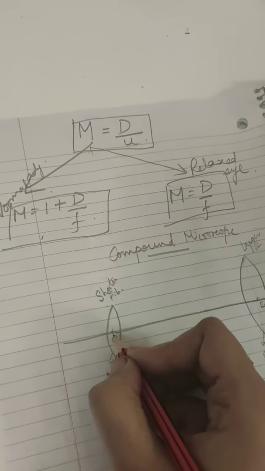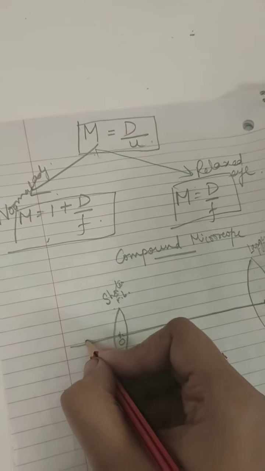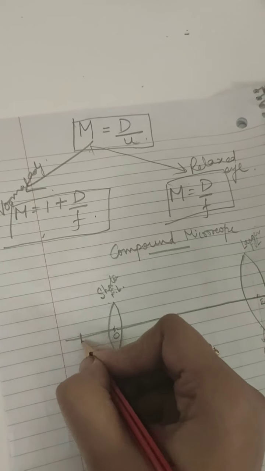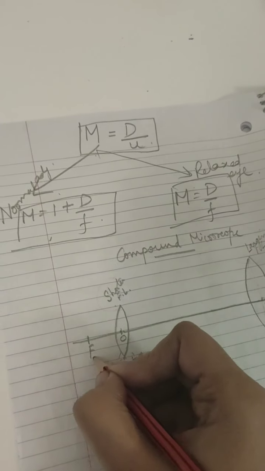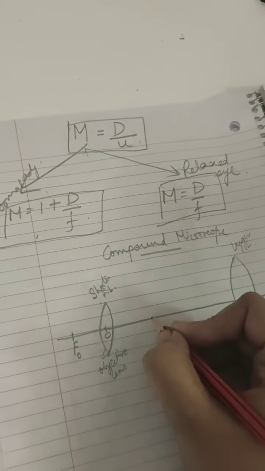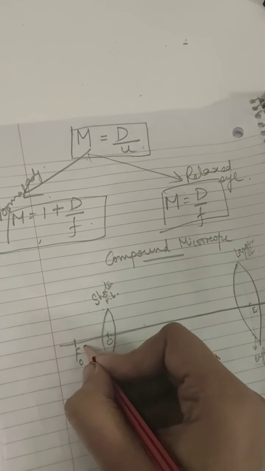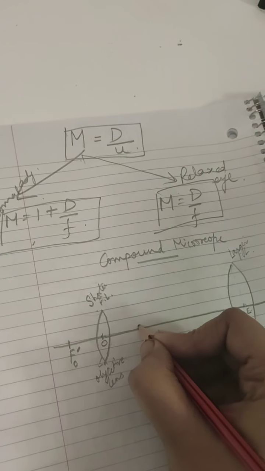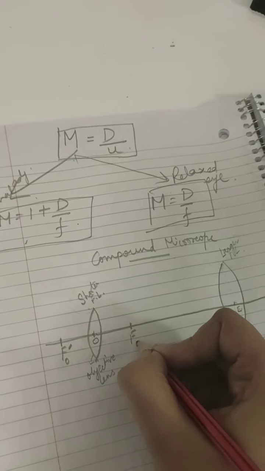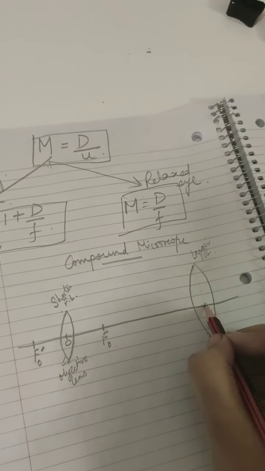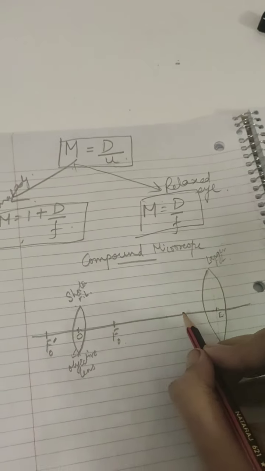Clear? Now, if this is the optical center, this is the first focus, FO prime, and this is the second focus, FO, since it has a small focal length. Similarly, for the eyepiece we will mark the focus, but hold on.